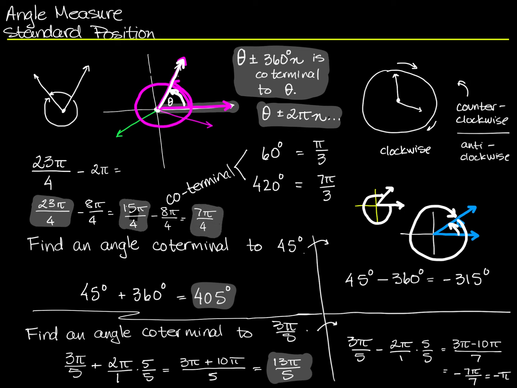It's also coterminal to 15 pi over 4, but one of the reasons that this skill is useful is that it lets me get to an angle that's somewhere in the first rotation, right? It's somewhere less than one full circle.